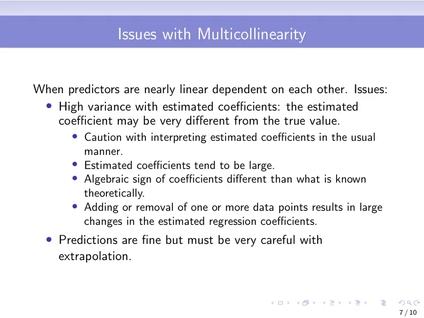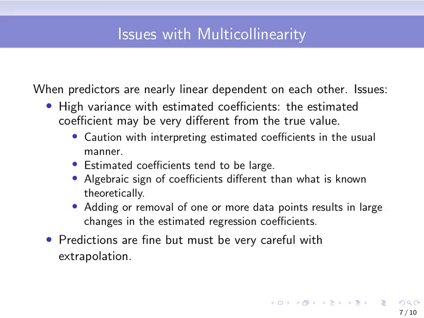Because the estimated coefficient may be very different from the true value, there's a chance that the estimated coefficients could be very large. Also, as a byproduct, the algebraic sign of the coefficient could be different from what is known theoretically, right? So if it should be a positive relationship, you might end up with a negative slope just because your estimated slope is going to be far from the truth.